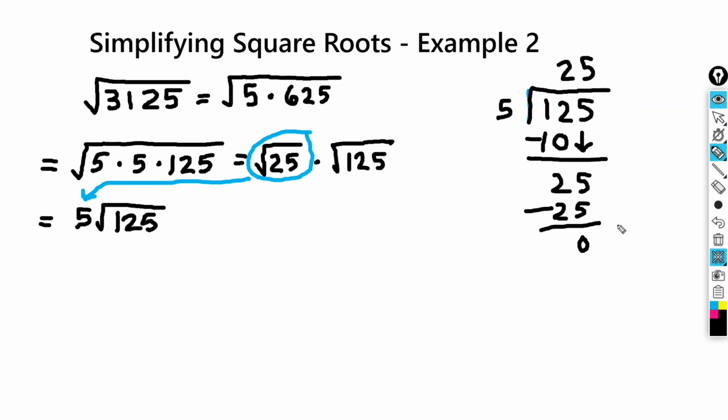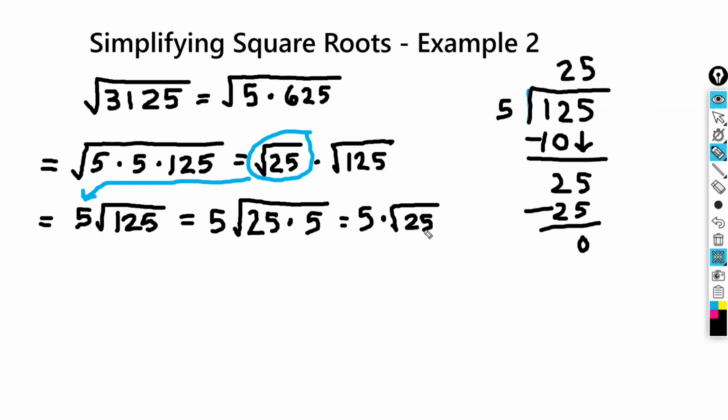Okay. All right. So we can break this down into 5 times the square root of 25 times 5, which can be further broken down into 5 times the square root of 25 times the square root of 5.